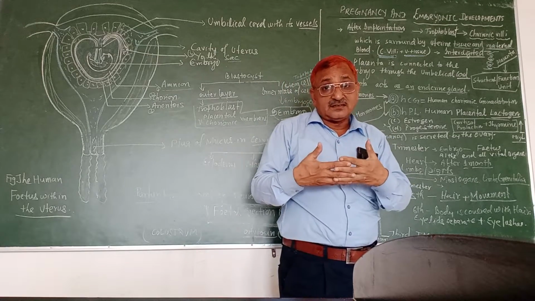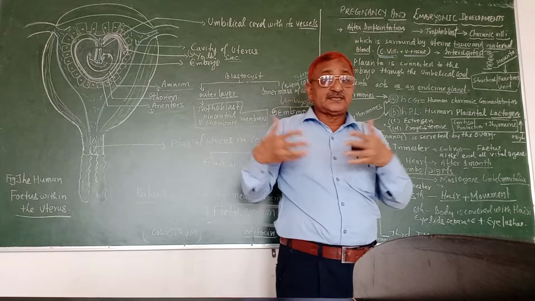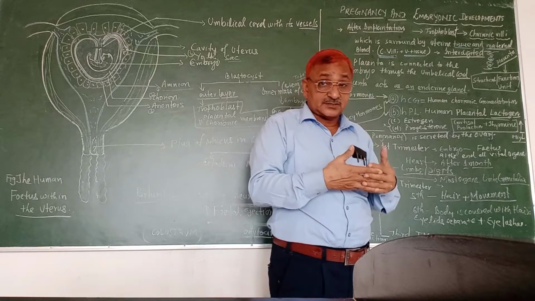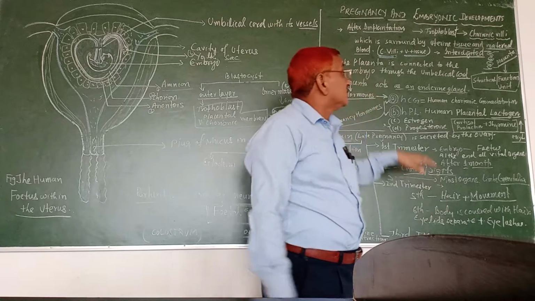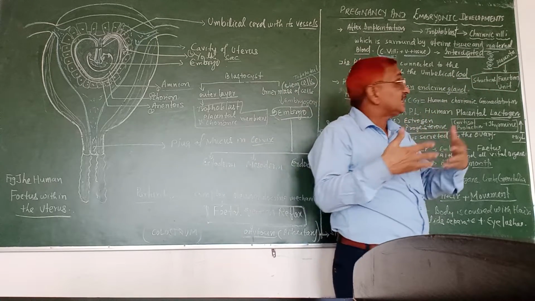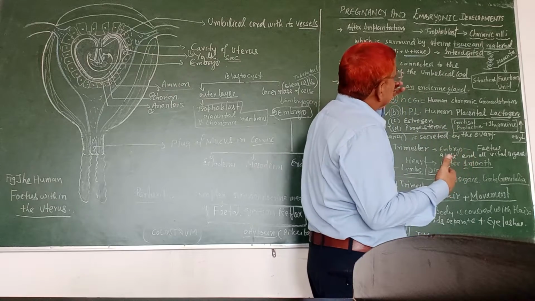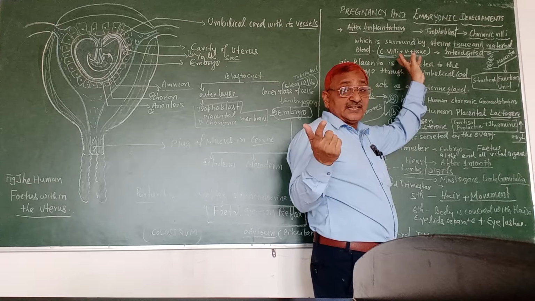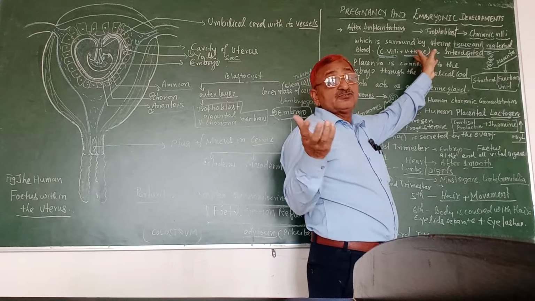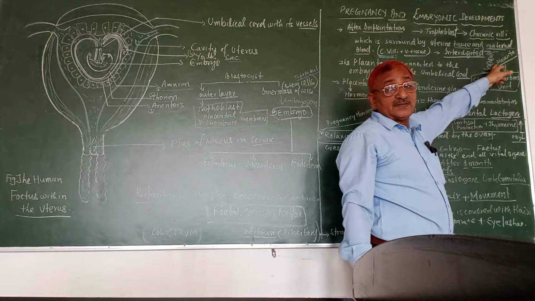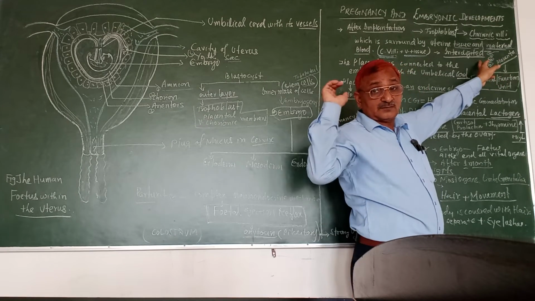The placenta is the vascular supply, the blood supply from the mother to the growing fetus or embryo. Here you can see in the diagram that they are intermingled. Which two are intermingled? The chorionic villi as well as the uterine tissue of the female. On one side is the uterine tissue of the female, and on the other the chorionic villi of the trophoblast.